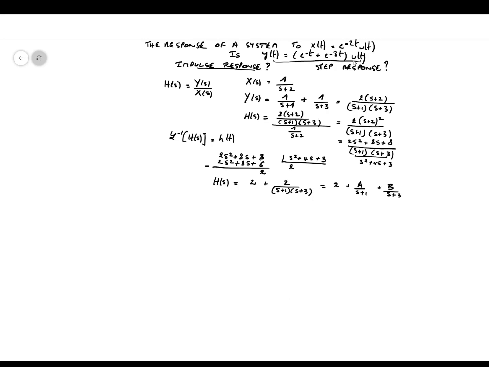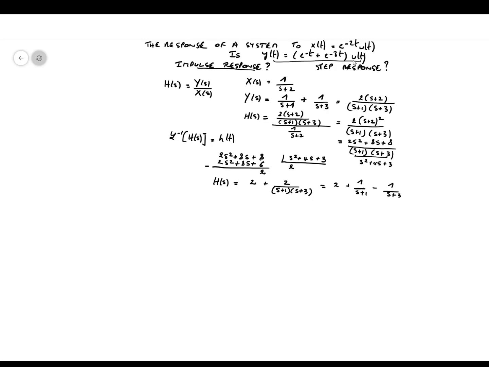So now we know that the a is a 1. And the b, let's hide the s plus 3 and replace the s by minus 3, so b is a minus 1. So we have minus 1 over here.